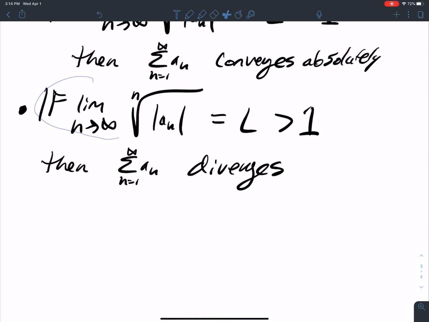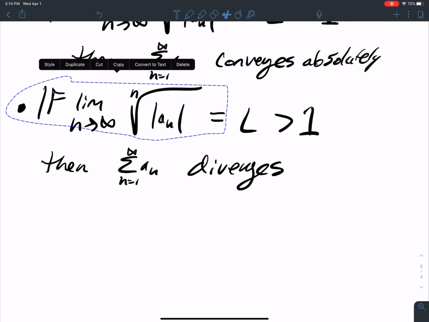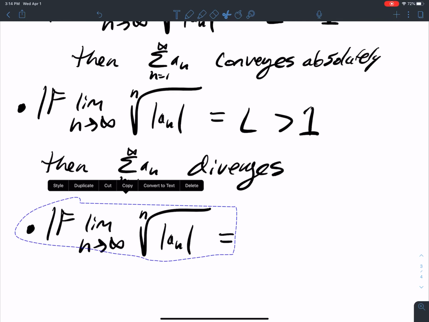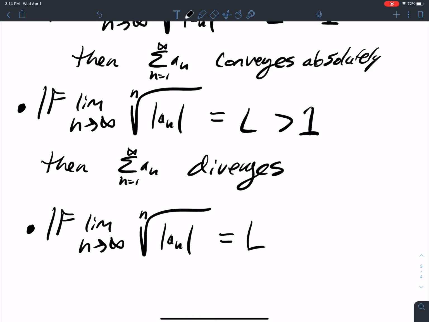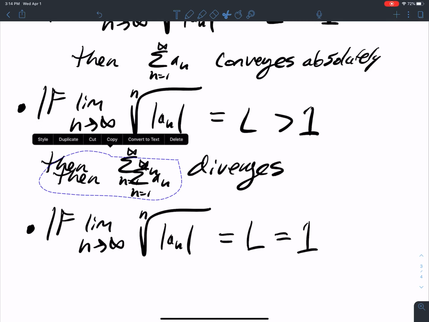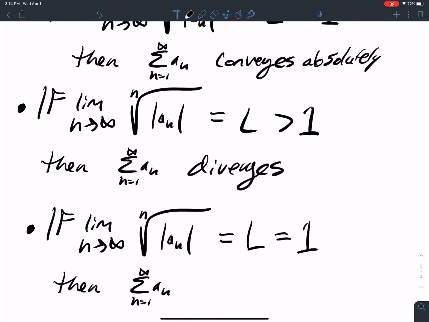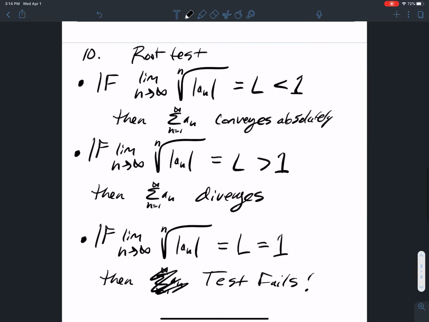So if this is equal to 1, then I'm just going to say the test fails. So that is the nth root test.